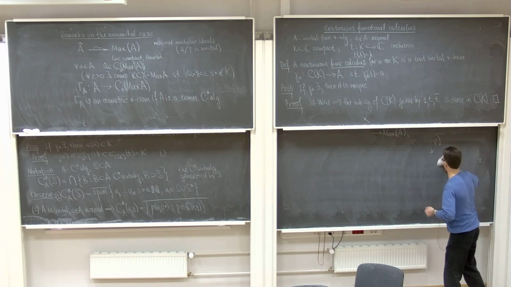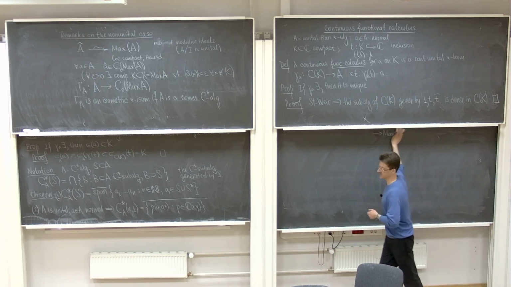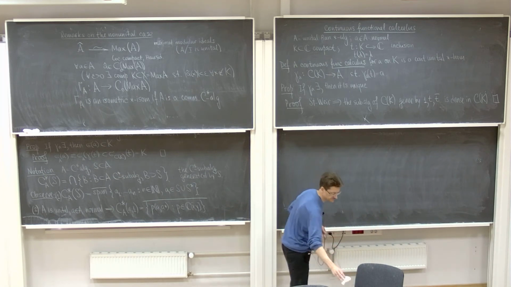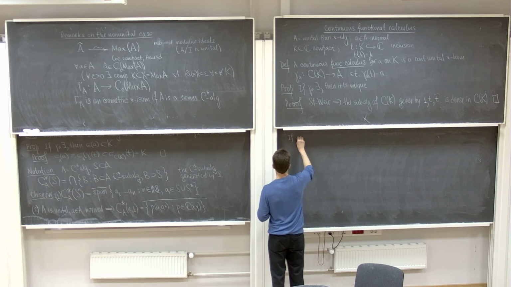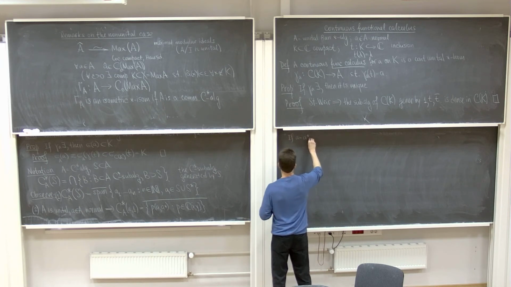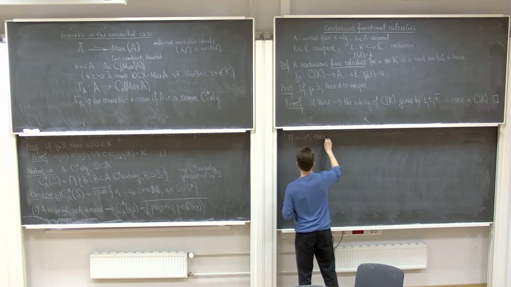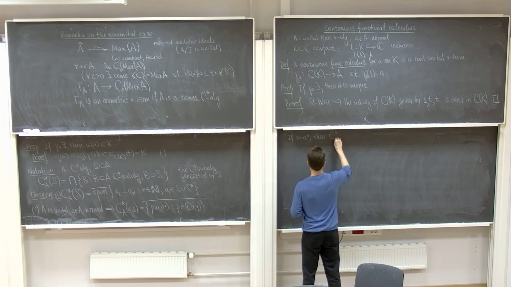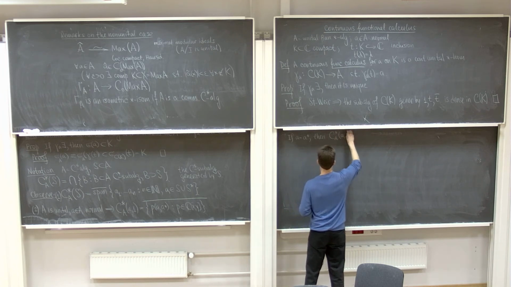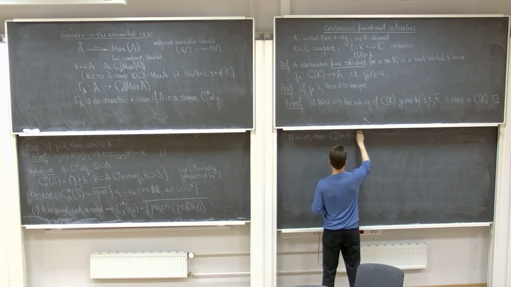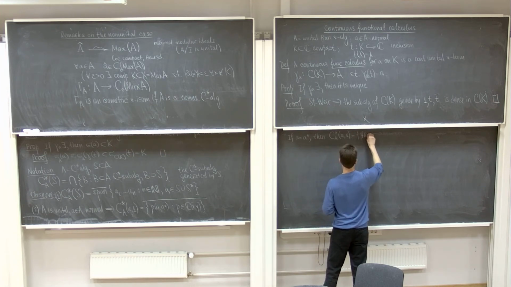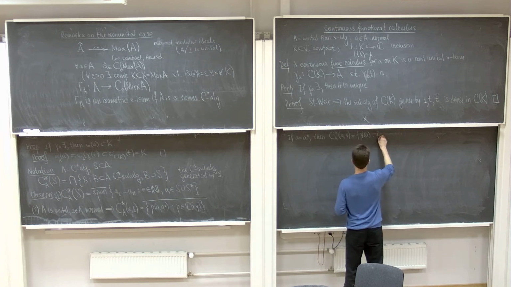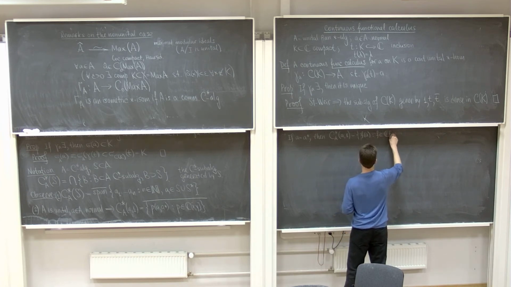And another, even more special case is the case where a is self-adjoint. In particular, if a is self-adjoint, then the C-star subalgebra of A generated by little a and the identity is the closure of the set of all polynomials f of a, where f runs over the polynomial algebra in one variable.